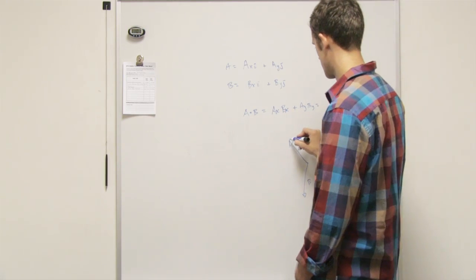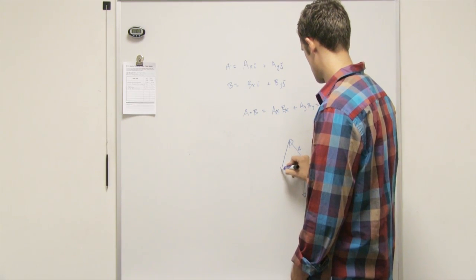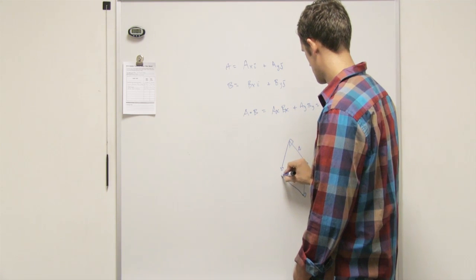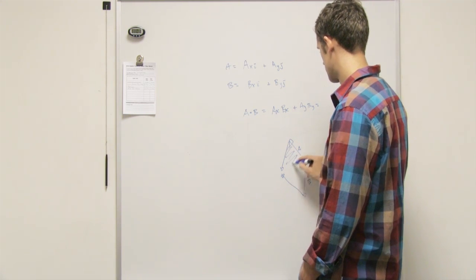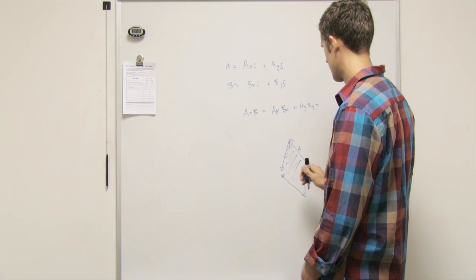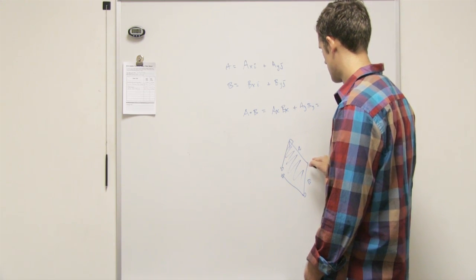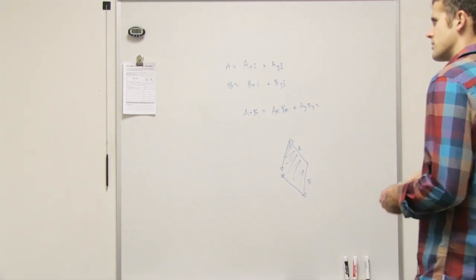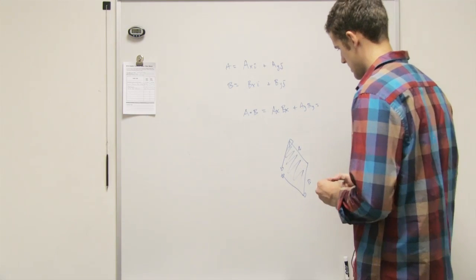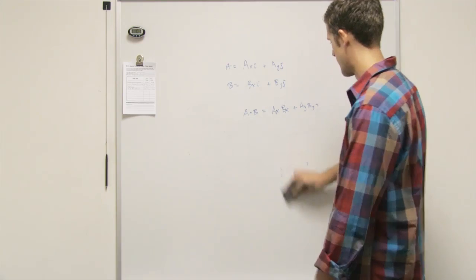Graphically, it's going to be this area, I think. Is it the area of the parallelogram? I think it is. But you don't need to really worry about what it is graphically.